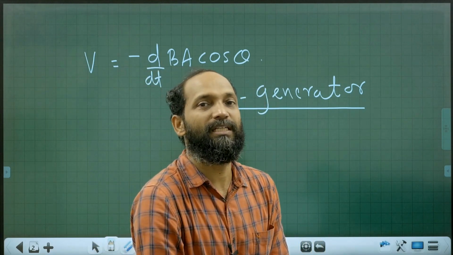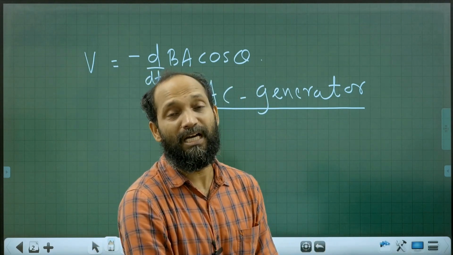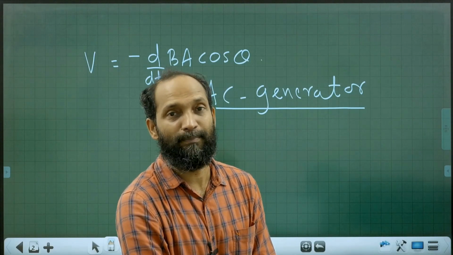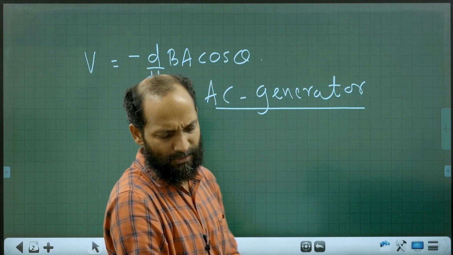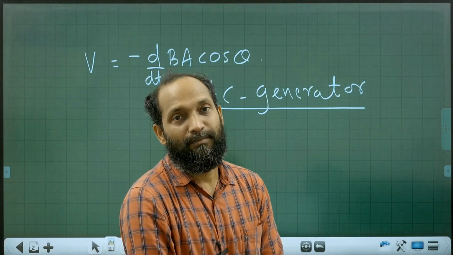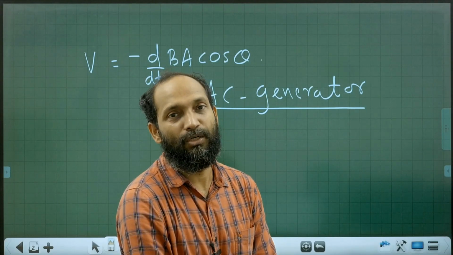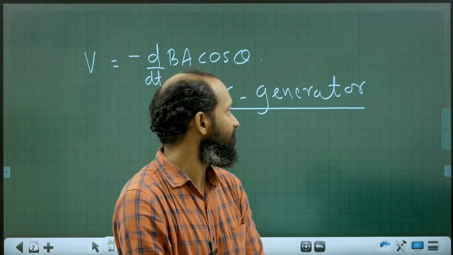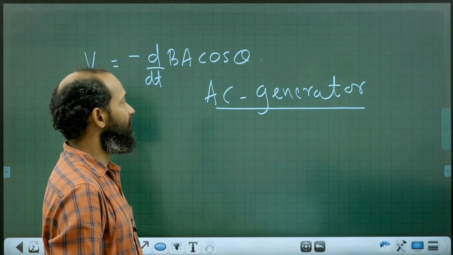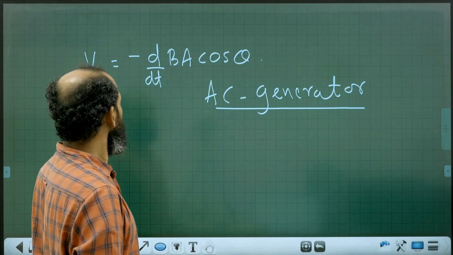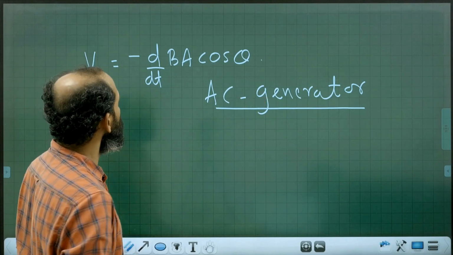Alternating current has become so applicable in daily life, and it laid the foundation stone in the development of countries that accepted alternating current. That's just history. Anyway, the AC generator works on this principle.